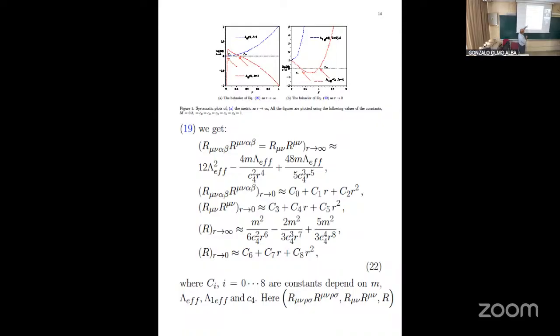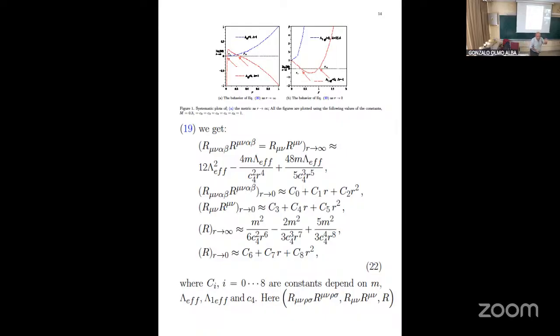So for BTZ, the Ricci scalar is generally equal to 0. But here, for our solution, it is not equal to 0. Those constant capital C's are dependent on C4.